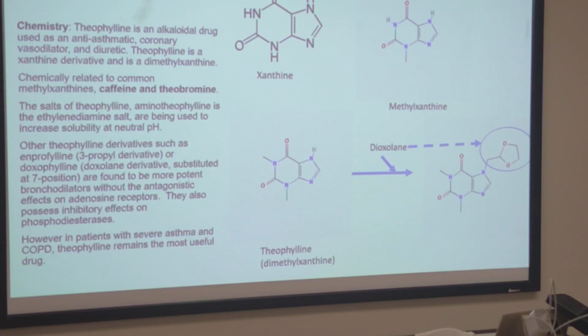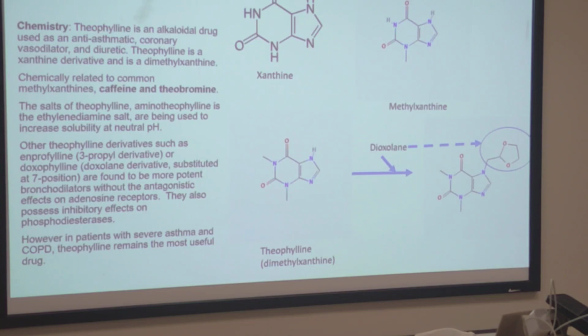So how do these methylxanthines, theophylline for example, help cause bronchial dilation? It causes bronchial dilation in a different pathway other than the beta adrenergic agonist. Methylxanthines, theophylline is an example. They are alkaloid drugs.